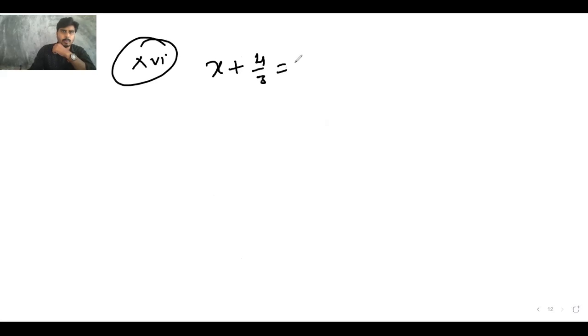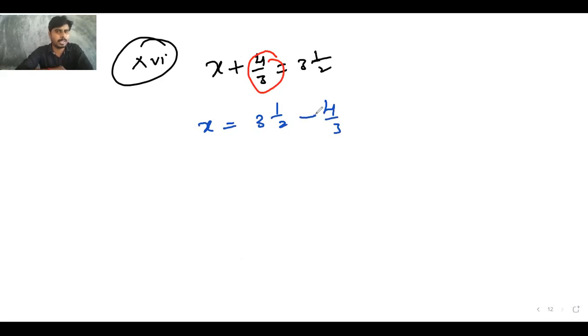Next, look at the 16th one, Nana. And 15th and 14th, 15th, 16th, little bit different. See, x plus 4 by 3 is 3 1 by 2. Now transpose this 4 by 3 to the RHS side. X is equals to 3 1 by 2 minus 4 by 3, plus 4 by 3 will become minus 4 by 3, right? Any doubts?